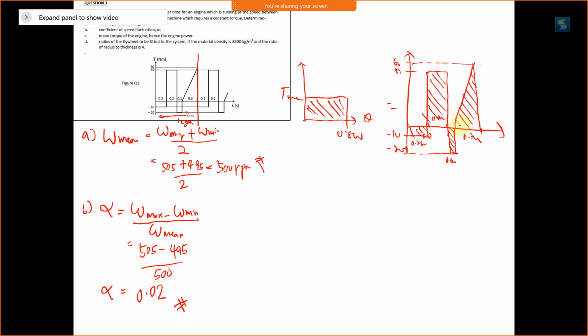Okay, so now we want to get T mean. So T mean times 0.8 omega equals to, we calculate all the areas that we have.